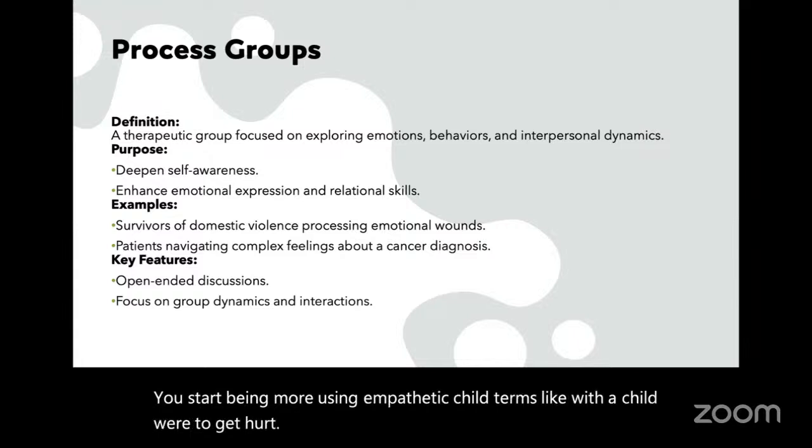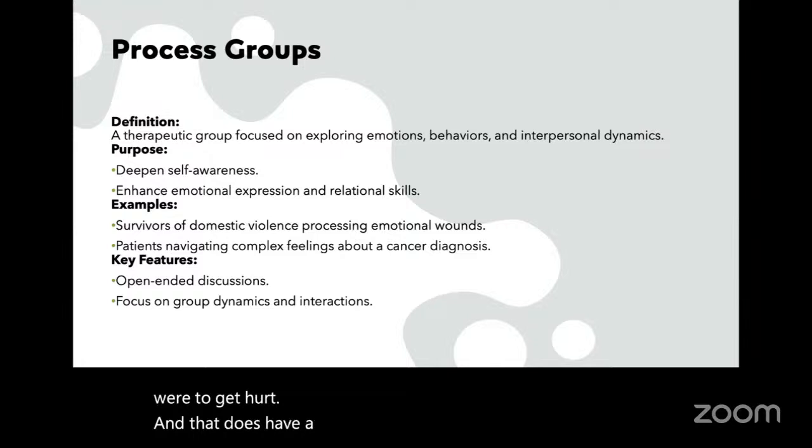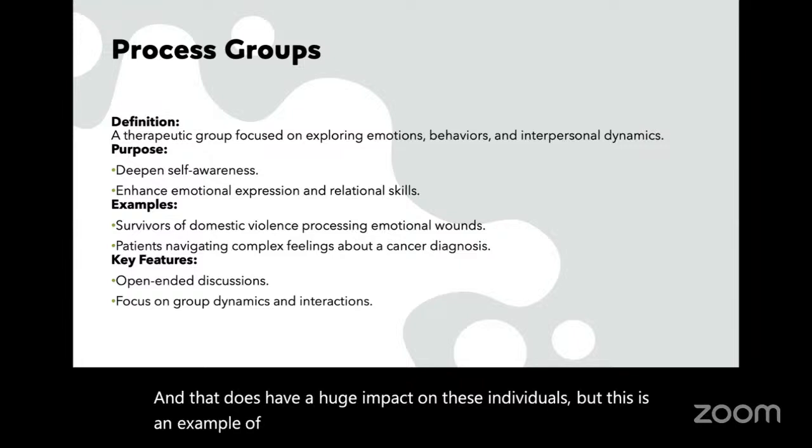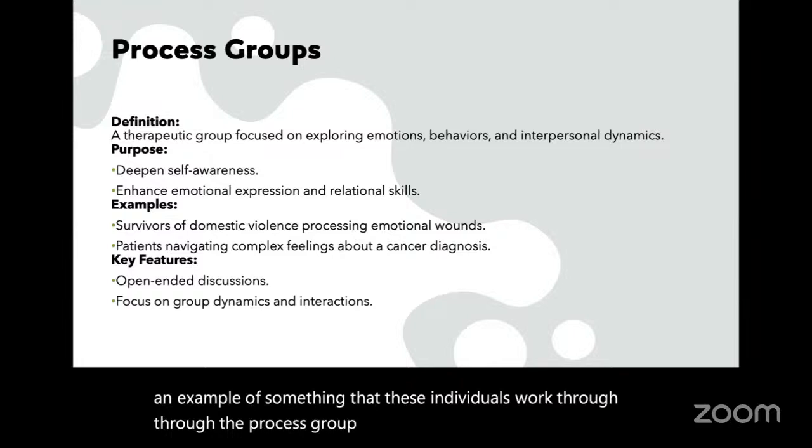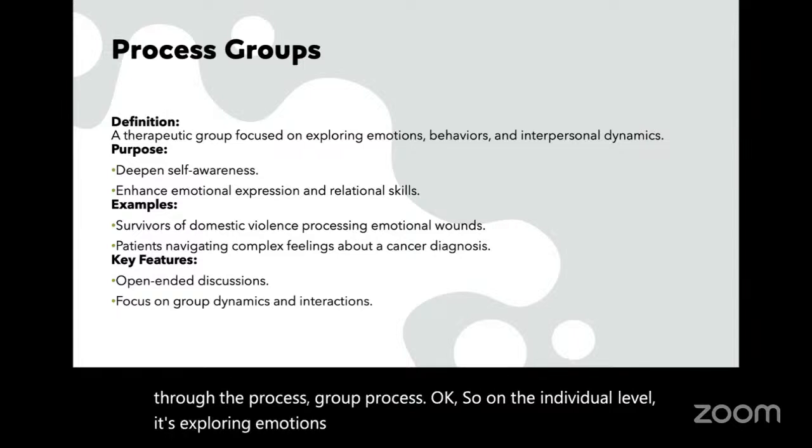And that does have a huge impact on these individuals. But this is an example of something that these individuals work through in the group process. So on the individual level, it's exploring emotions and behaviors.